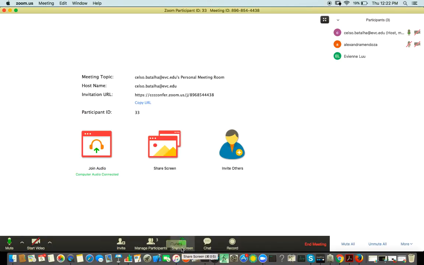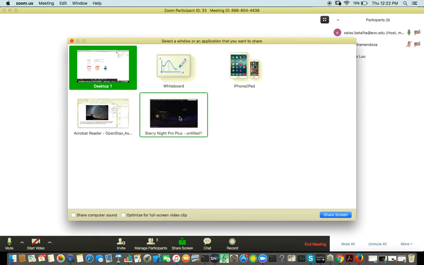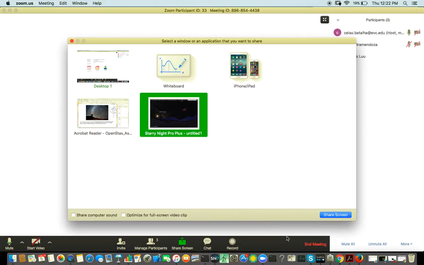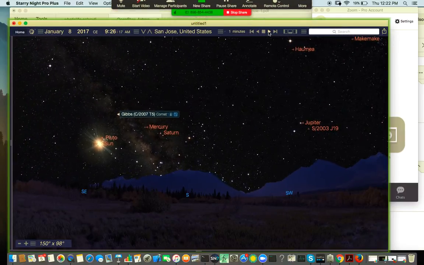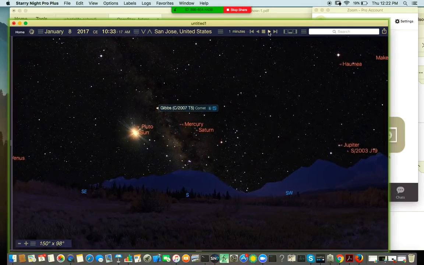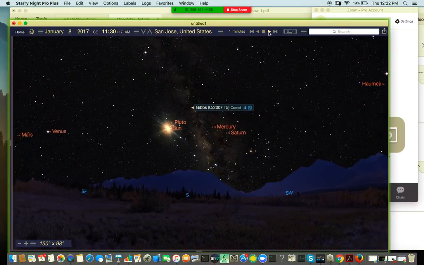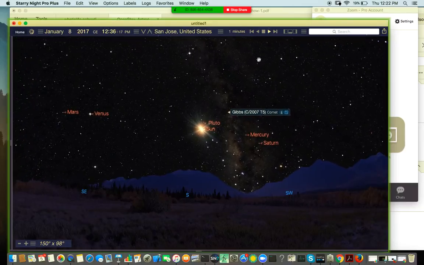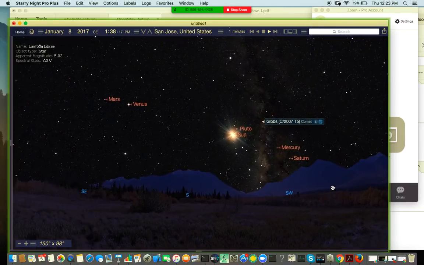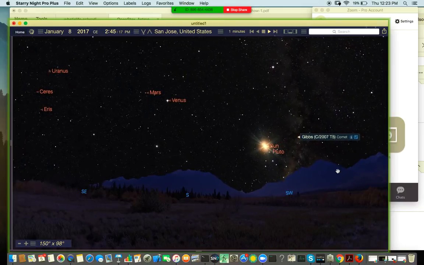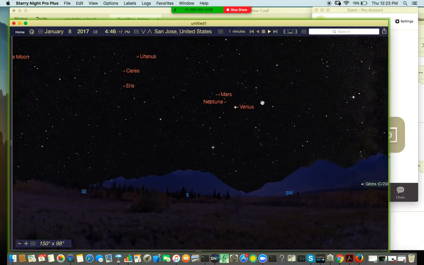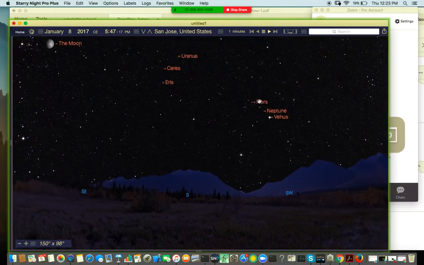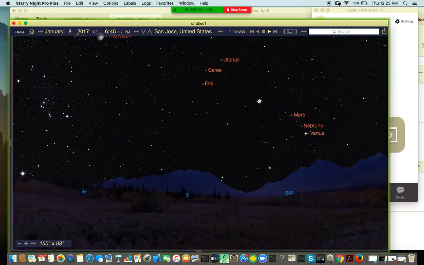So going back to the Starry Night software, this motion, which looks like a clockwise motion from east to west, is the result of what? Our planet Earth moving and spinning in space from the western sky towards the eastern sky. And then we see this progression going on an hourly basis.